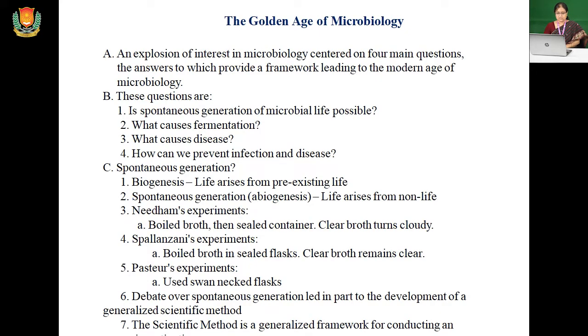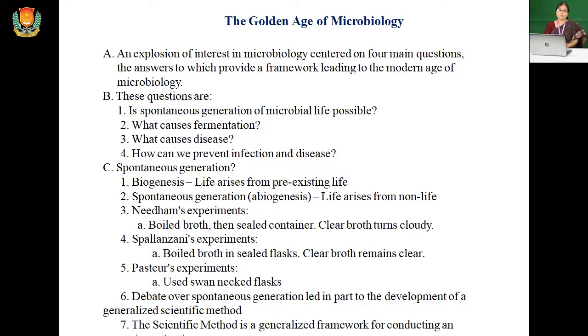Next. Now, we have seen about Leeuwenhoek, right? In his lifetime, he produced different types and combinations of lenses. After that, there was a hold before the starting of the new era of microbiology, right? At that time, scientists were debating about different forms of life.